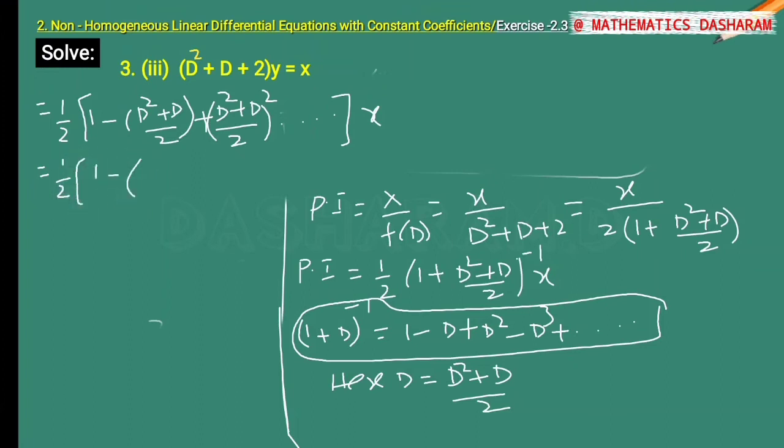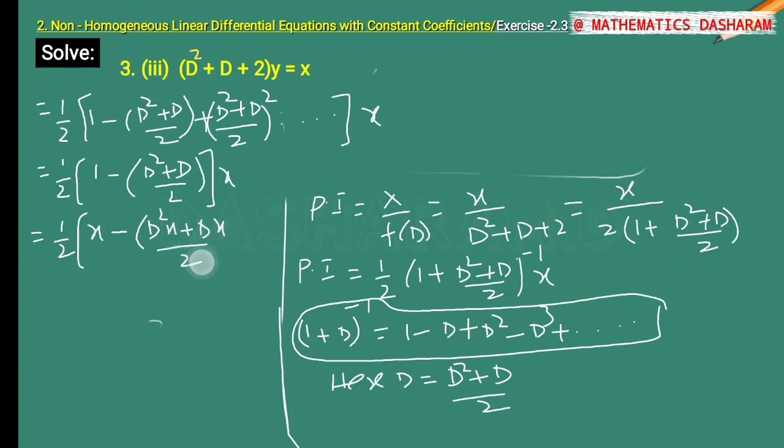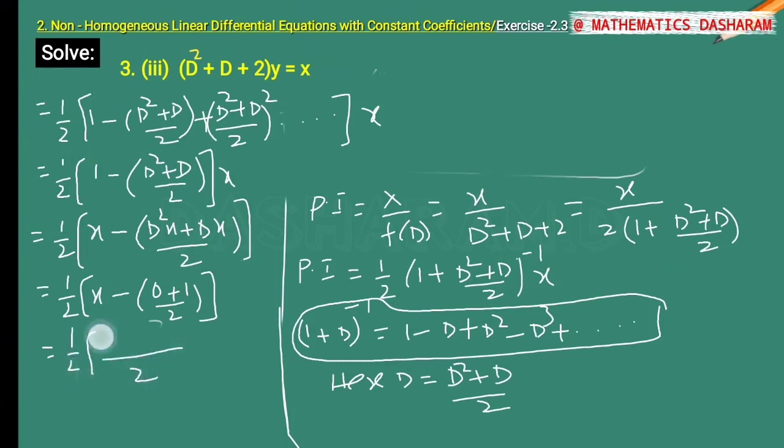So here we can ignore the higher derivatives, only D square plus D by 2 into x. So now x multiply inside, x minus D square x plus Dx by 2. So 1 by 2 x minus, derivative of x 2 times is 0, derivative of x is 1 by 2. So 1 by 2, take the LCM 2, 2x minus 1. So the particular integral is 1 by 4 bracket of 2x minus 1.